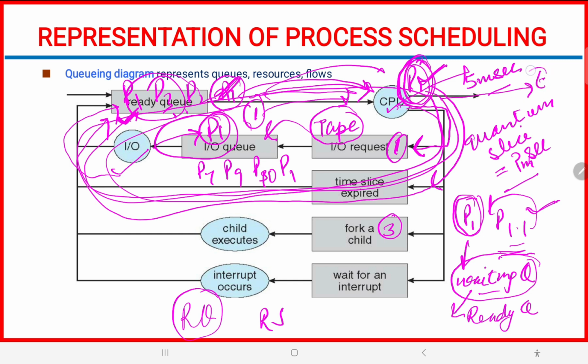At the time when the process terminates, in that scenario it is removed from all the queues and also its PCB, that is the process control block which was residing in the memory, and whatever resources were allocated to this process, they all are deallocated now.